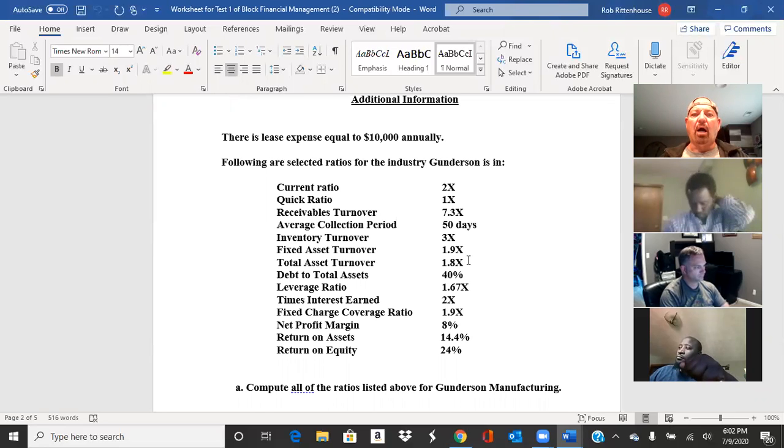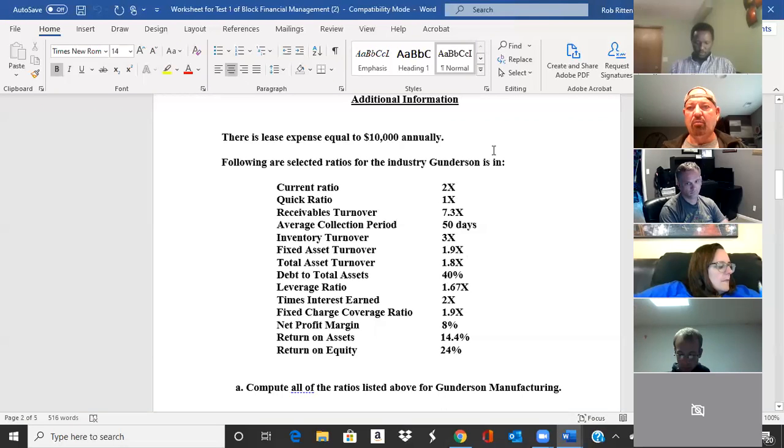Okay. And that's important because remember, the total asset turnover ratio also affects one of your profitability ratios. Which one is it again? Anyone remember?